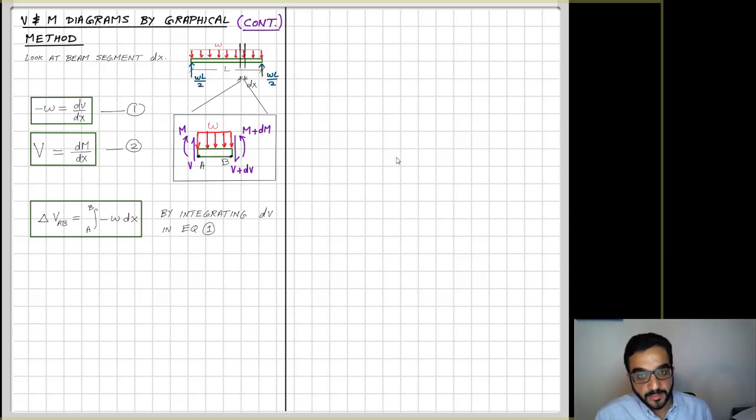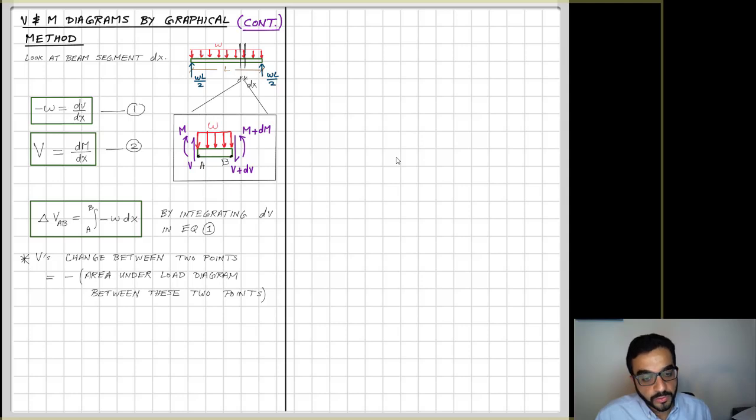So that means that I'm now getting a value of V, and if I'm integrating over a distance between points A and B, that brings me the difference of shear between points A and B, which would equal the integration of negative W dx. What does this mean? That integration is the area under the load diagram between these two points.